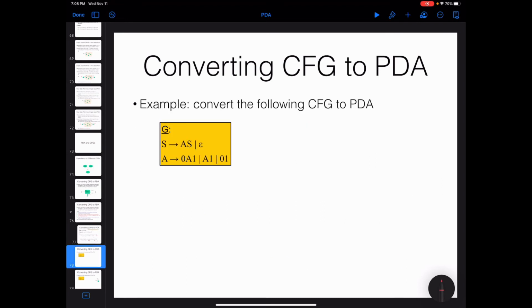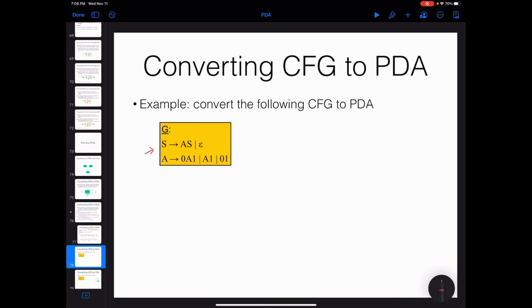So let me show it to you over an example here. Assume that I have a grammar like this, and I'm going to create a pushdown automaton for that.